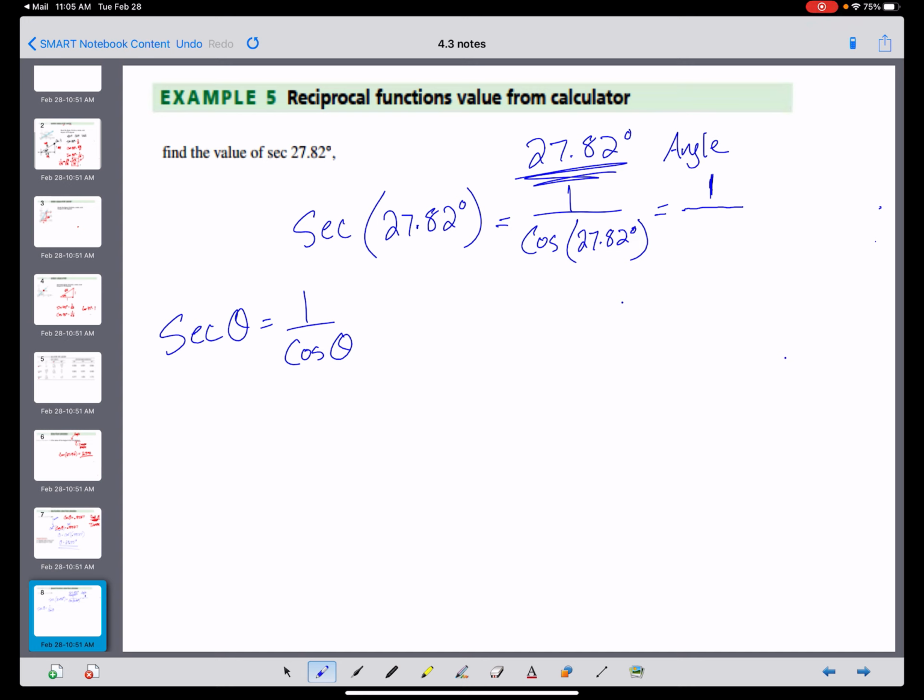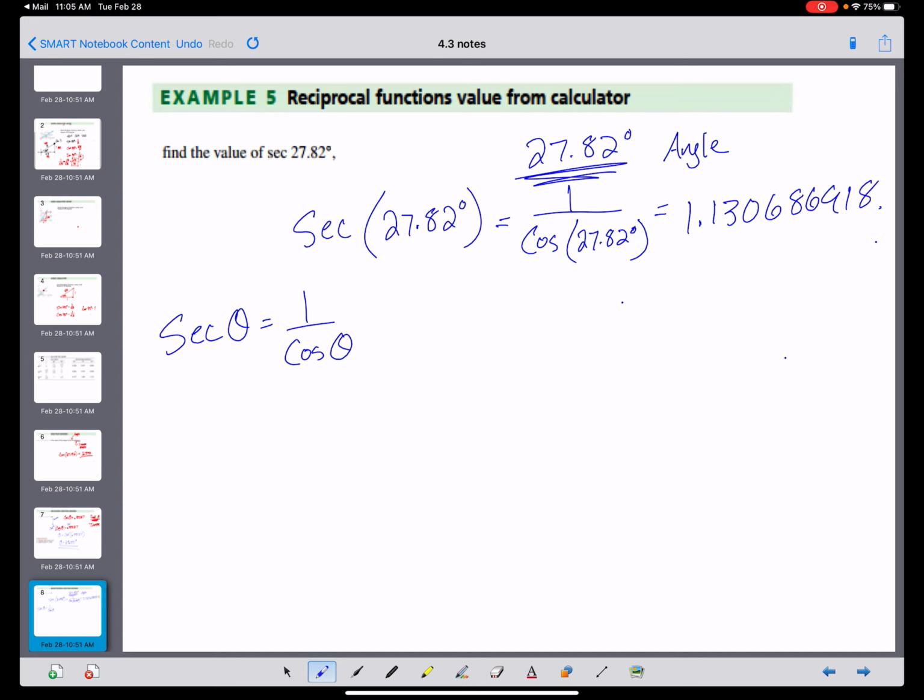My calculator is in degree mode, so when I enter in an angle, it's automatically going to be in degrees. And then it gives me this answer, 1.130686918.